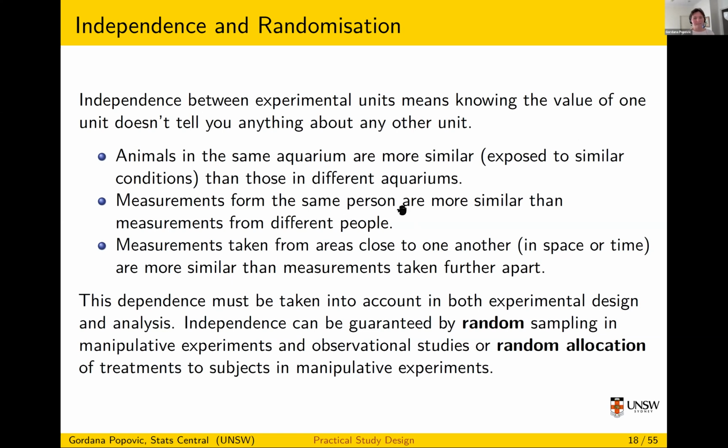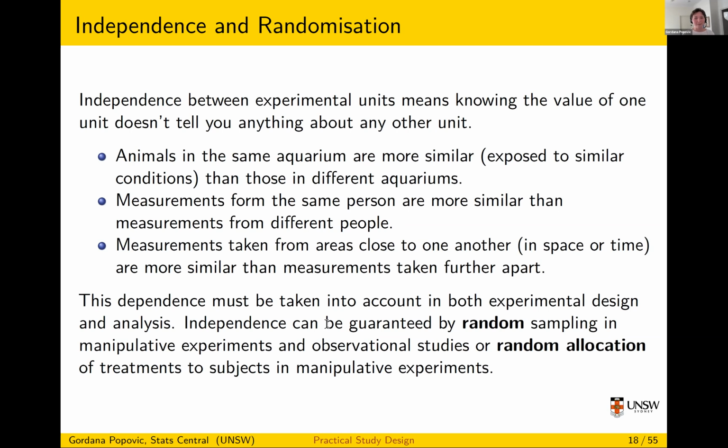Or measurements from the same person are obviously going to be more similar than measurements from different people. So multiple measurements from the same person. Or if 2 people or 2 things are close together in space or in time, they tend to be more similar than if they're further apart. So these are all types of dependence, and we'd like to take these into account.